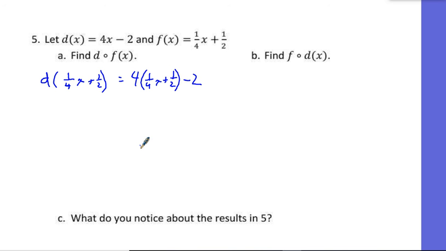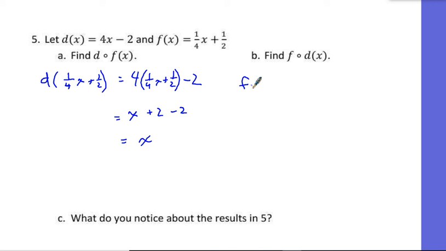We'll distribute 4 into the parentheses here, and 4 times 1/4 is 1x. 4 times a half equals 2, and then subtracting 2, and 2 minus 2 leaves us with just x. So that's cool. And then over here they want us to find f of d of x.